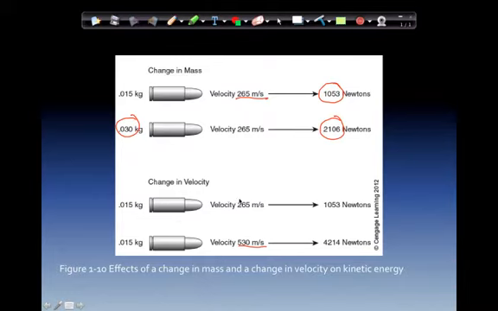But with a change in velocity, still the same weight, but we have increased the speed, four times the amount of newtons, four times the amount of energy. So the velocity squared is how this is figured. So very simply, the more velocity something has, the more energy it delivers.